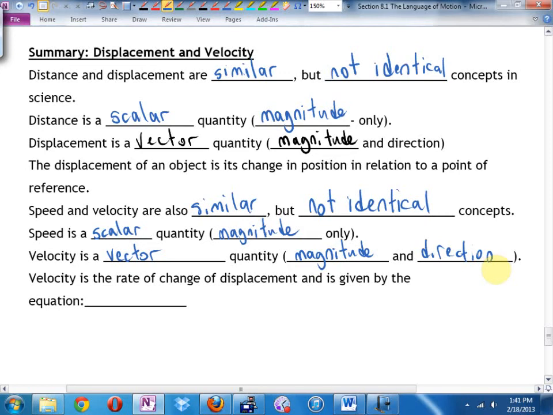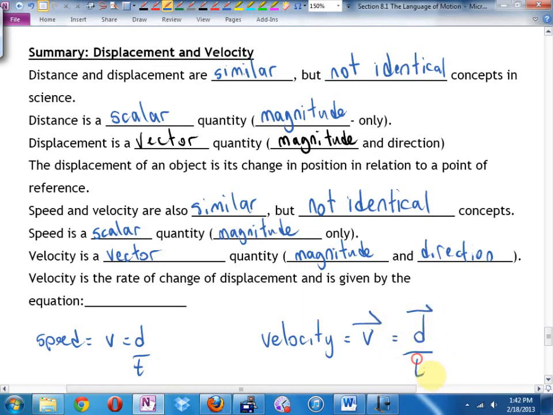Velocity is the rate of change of displacement. Say what? So speed is distance over time. Velocity, same symbol but with a vector, is displacement over time. Same symbol but with a vector.